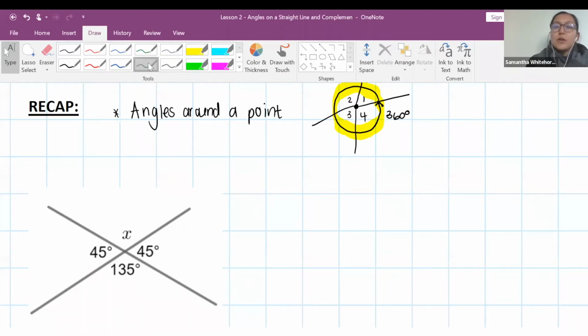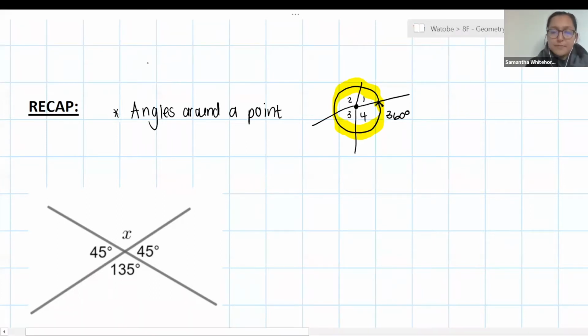We also spoke about how in geometry, it is super important that when you make a statement, you have to give a reason for that statement. If we're going to use angles around a point to find a missing angle, then my reason would be angles around a point.